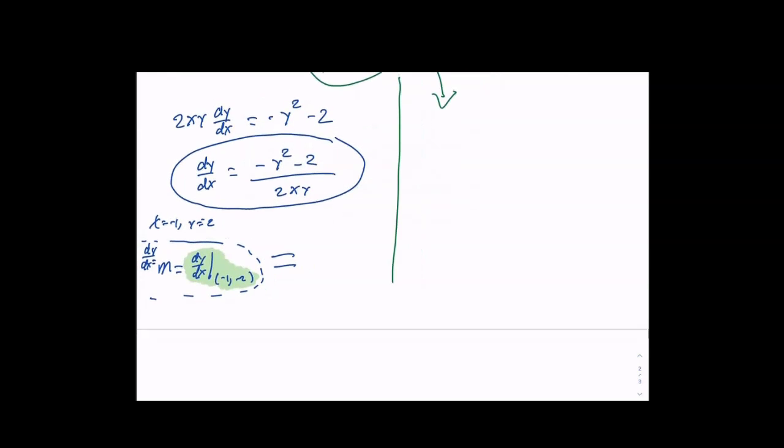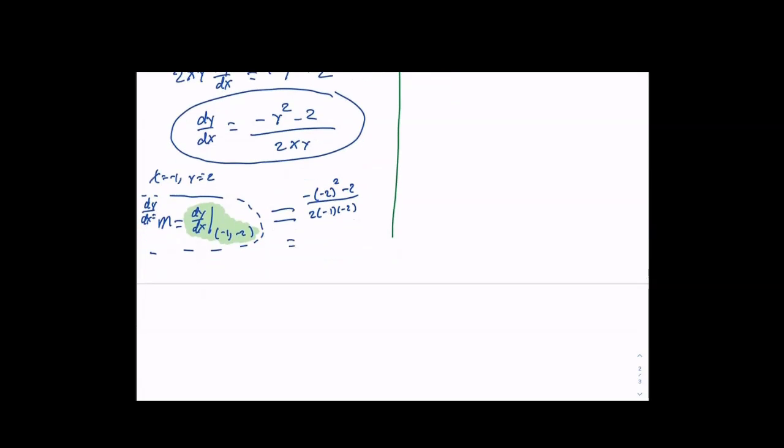So we're going to plug it in. Just make sure you plug in correctly. -2 squared, minus 2, over 2 times -1 times -2, which gives me -4 minus 2, which is -6 over 4, which gives me -3 over 2.